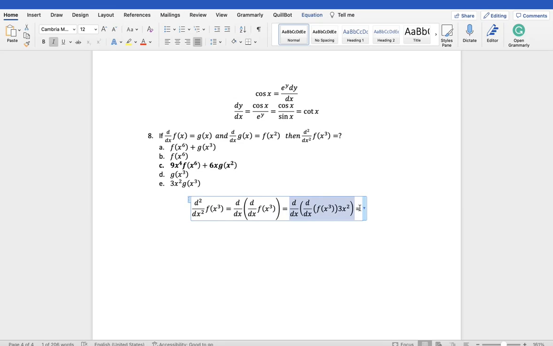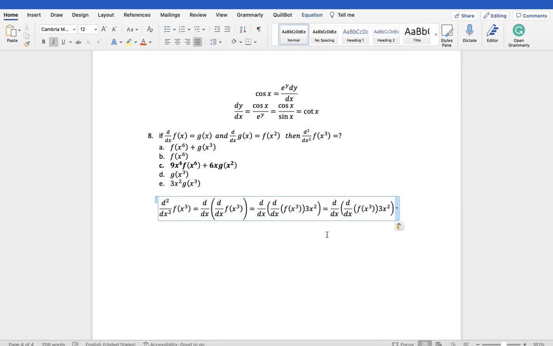Wouldn't you first have, because using the chain rule you start with the outer function, obviously? Yes, but then wouldn't you also have d over dx of the derivative of that function? Wouldn't you also have the derivative of that inner function? Where are you looking at?